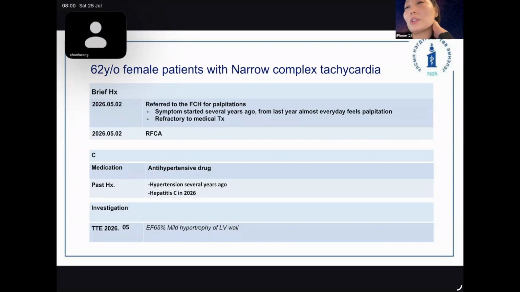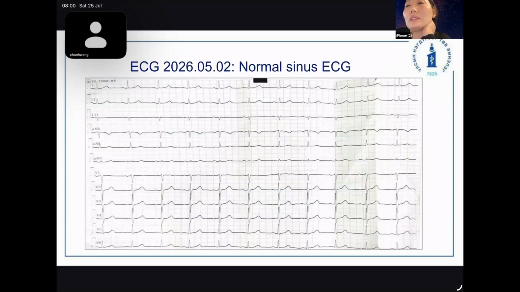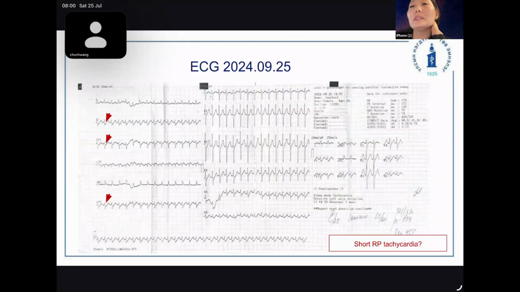The ejection fraction was normal. This ECG was documented during normal sinus rhythm. Here I can just see left axis deviation. Otherwise, the ECG was normal during sinus rhythm. I can't see any pre-excitation or any other conduction abnormalities here.